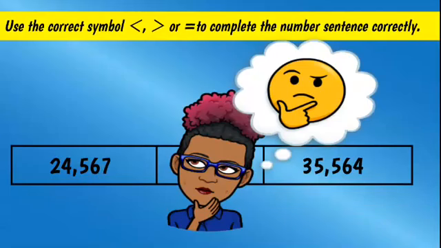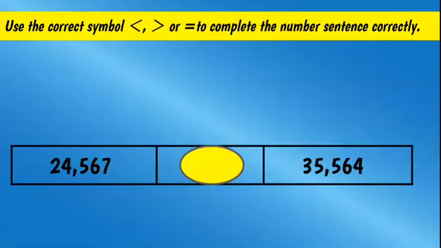Another example. Use the correct symbol, less than, greater than, or equal to, to complete the number sentence correctly. Our numbers is 24,567, less than, greater than, or equal to 35,564. So we start comparing our numbers, starting from the left. On our first number we have 20,000.